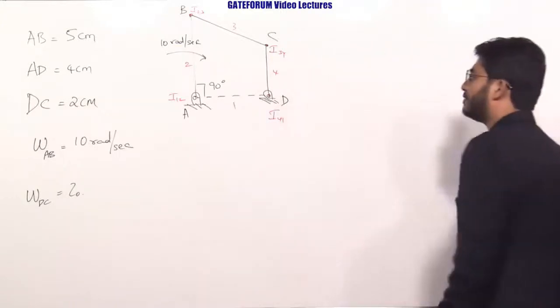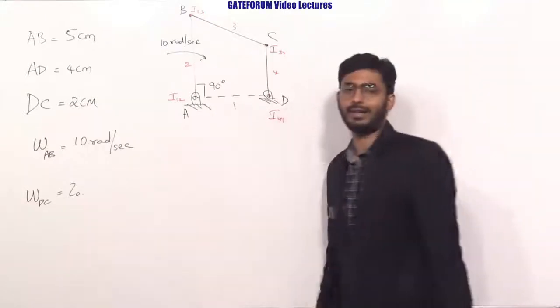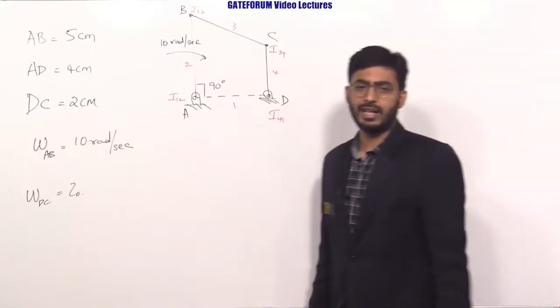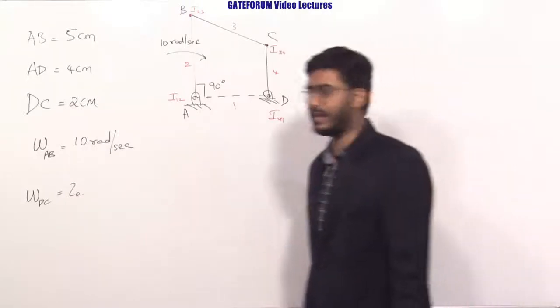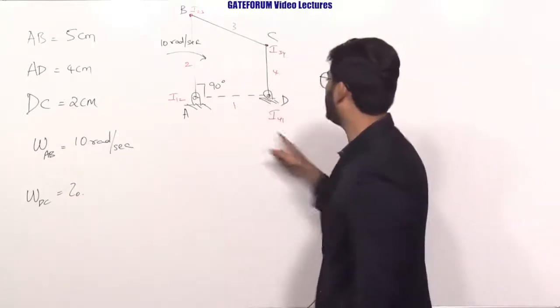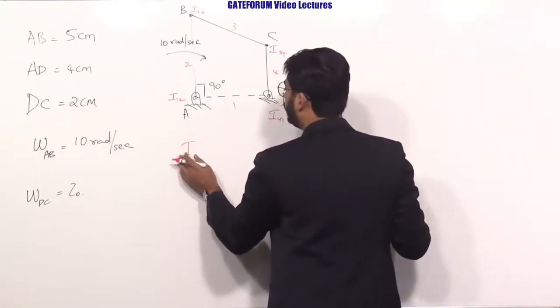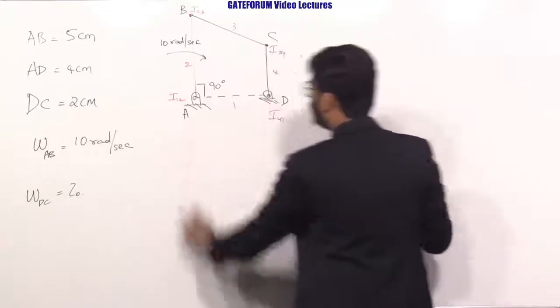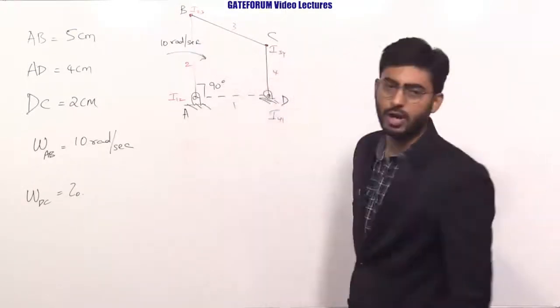Now as per Kennedy's theorem, if three bodies are connected in such a way that they transmit relative motion, then their centers should lie on a straight line. I12 and I14 are fixed centers, I23 and I34 are called moving centers.